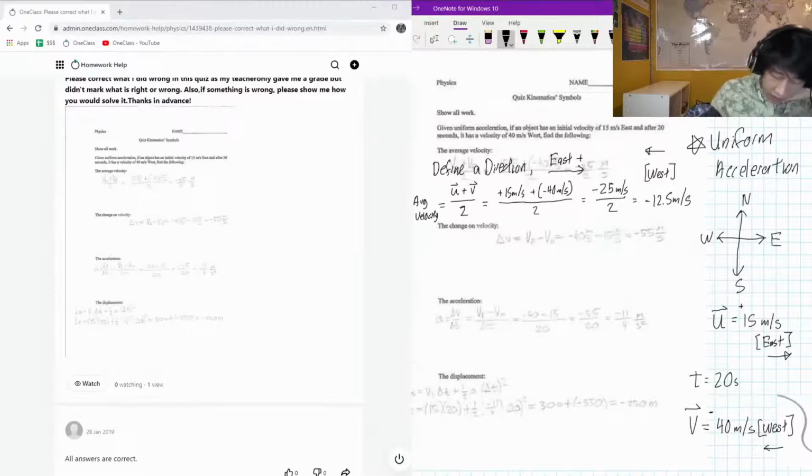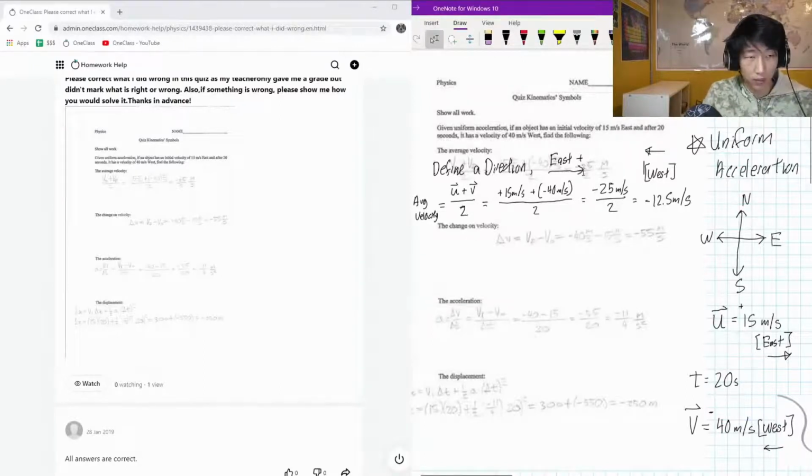Okay, so this is our average velocity, and that makes sense because our final is going faster west than we were initially going east, so our average should be towards the west. Okay, so that's cool. Under here we had negative 25 over 2. It's just better to calculate that through to negative 12.5.